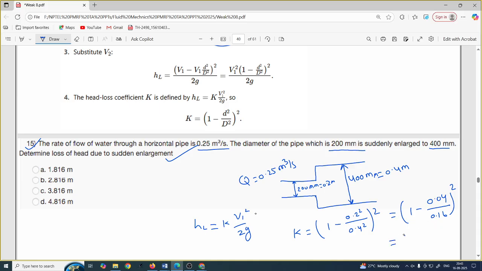So you will get 0.16 minus 0.04 divided by 0.16, whole square. So finally the k value will be 0.12 by 0.16 whole square. So you can remove this one. Let me just calculate the k value.